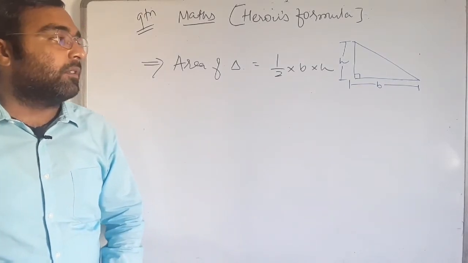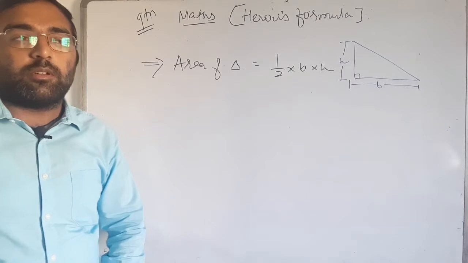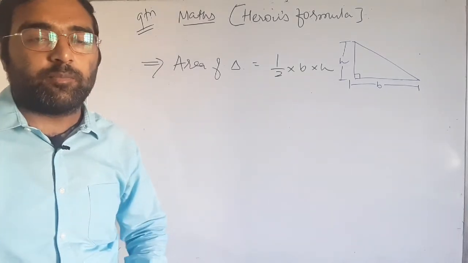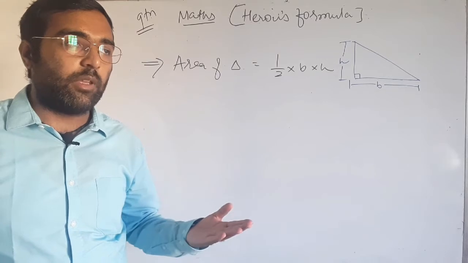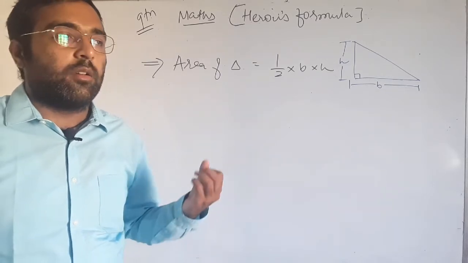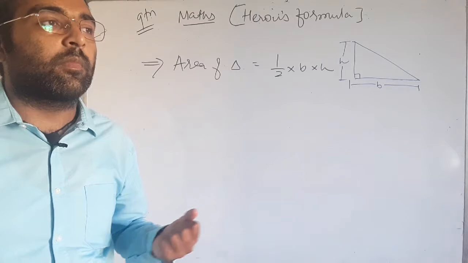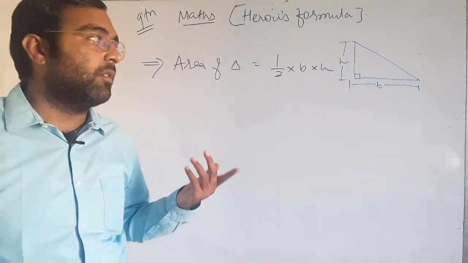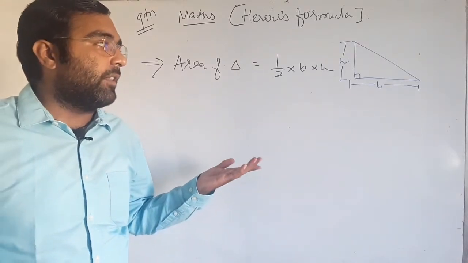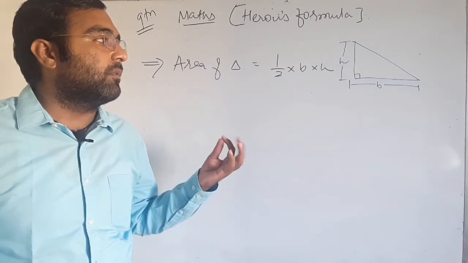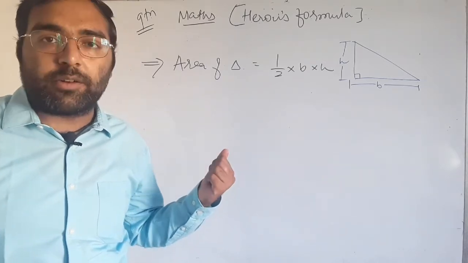There are almost 9 types of triangle available, that is right angle triangle, isosceles triangle, acute triangle, scalene triangle, and after that there is an equilateral triangle.